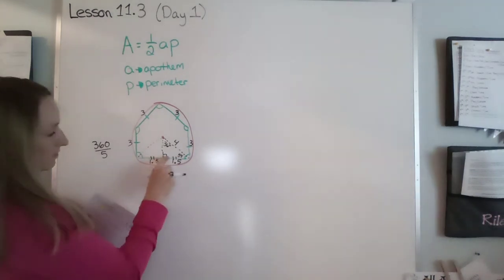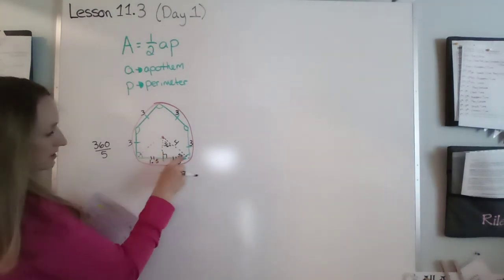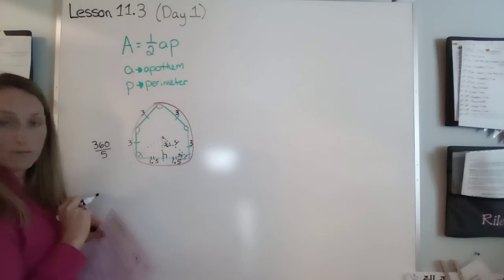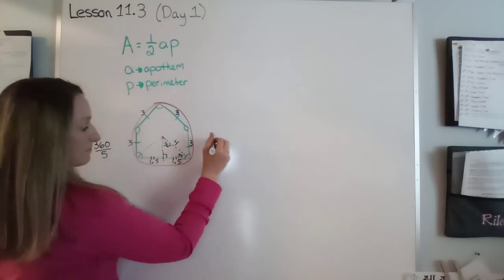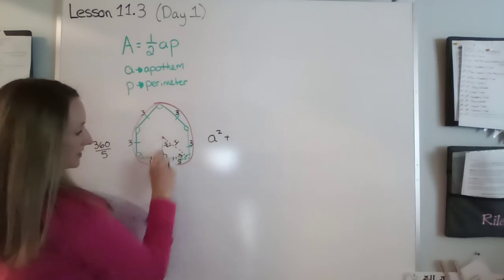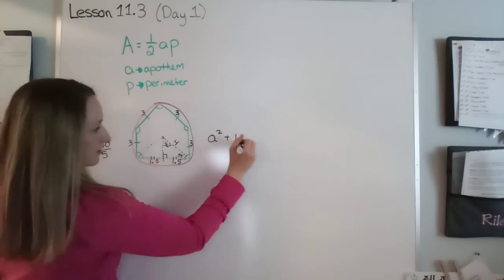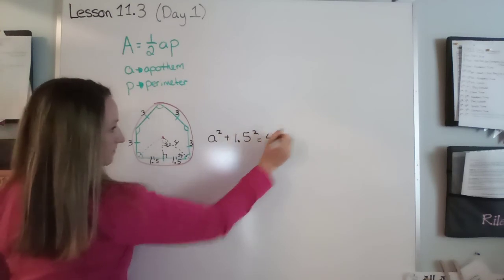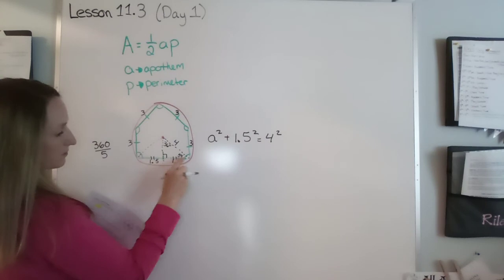Okay. So it says, find the apothem of the pentagon. Well, with all that work I just did, do you guys now see the right triangle? 1.5 and 4. Can I use the Pythagorean theorem to find the apothem? So a squared plus b squared equals c squared. Apothem squared plus 1.5 squared equals 4 squared.